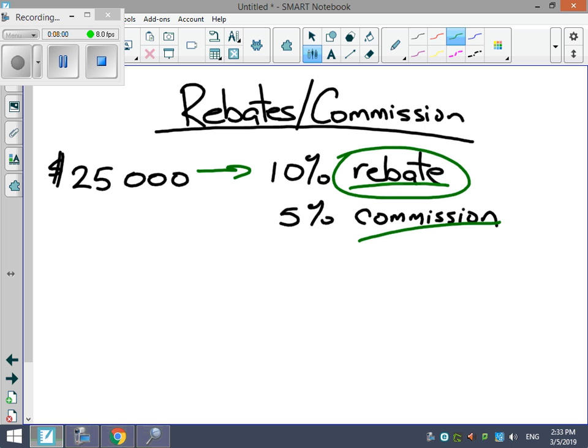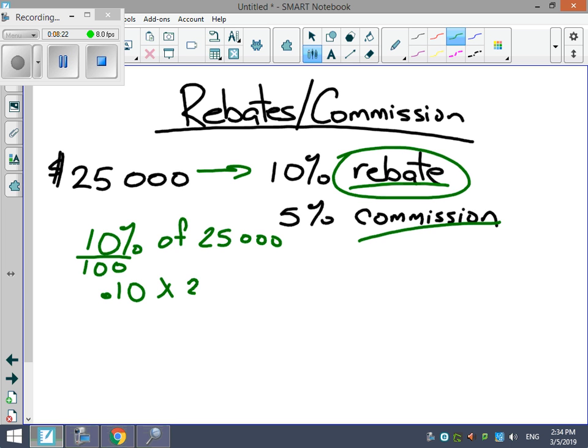Remember, this is 10% that you're going to get back. So what you're going to get is 10% of the price you paid, and the price you paid is $25,000. Remember that the 10% is really 10 over 100 in order to get it as a decimal. That'd be decimal 0.10.